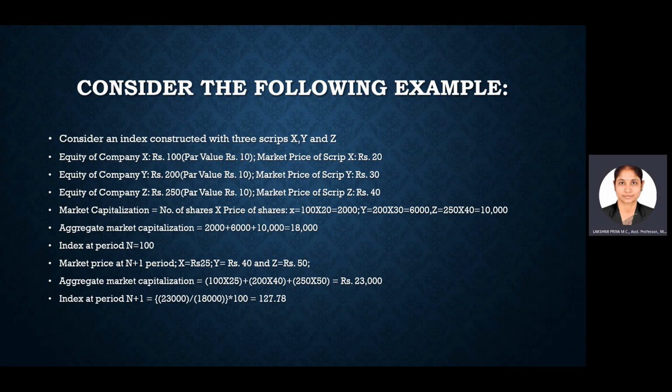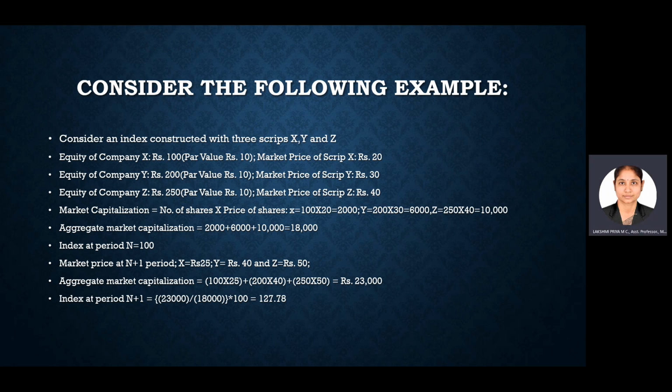Let us understand how to calculate the index with an example. Consider an index which is constructed with three scripts X, Y, and Z. The equity of company X is rupees 100, par value is rupees 10, and market price of this script is 20.